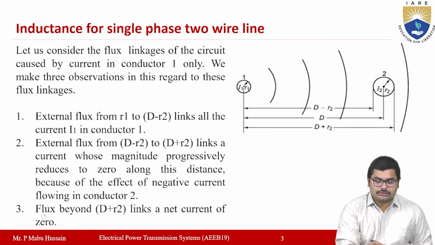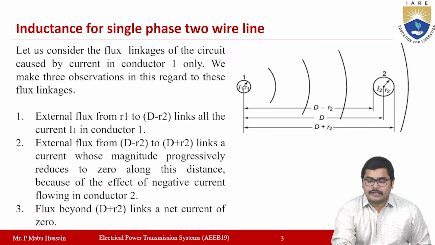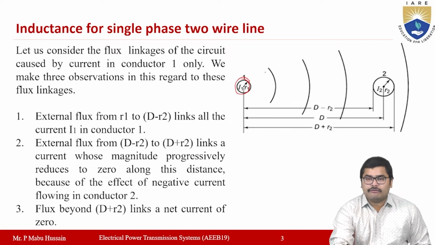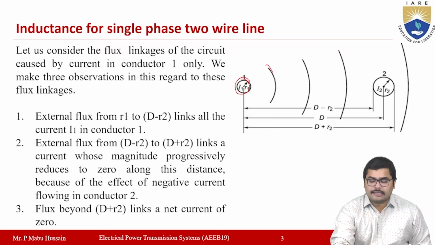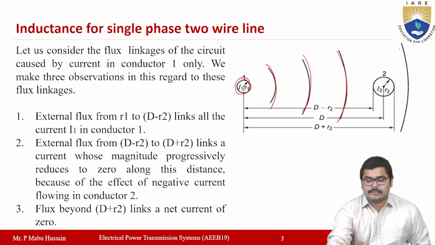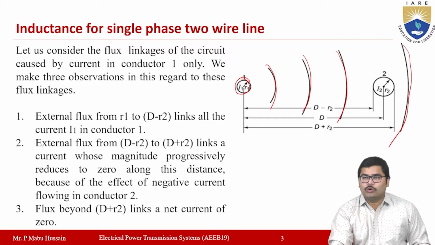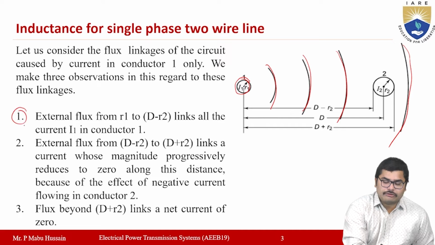So again, if a current is passed through conductor 1, magnetic flux will be developed. The magnetic flux lines are concentric circles and they will be distributed like this. Now if you consider only the current flowing in conductor 1 and only the flux of conductor 1 alone, then you can make three observations here.